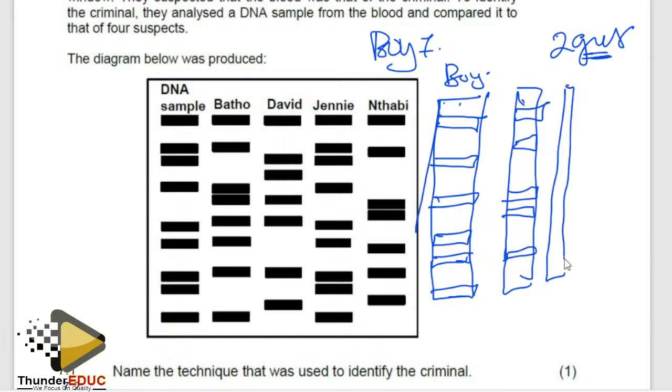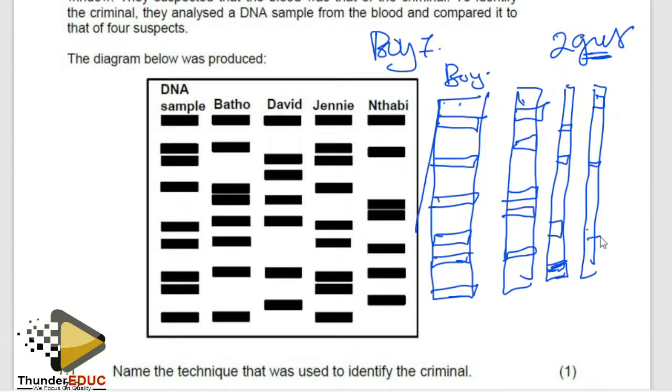Then you have the profile of the first guy, and another profile of the second guy.